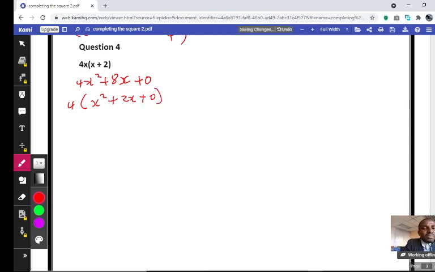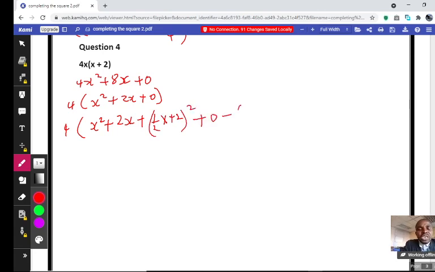Then on this one, you say 4, then x squared plus 2x. Right, on this one, you add half the coefficient of x, which is plus 2 in this case, squared. Then plus 0. On this one, you subtract half the coefficient of x, squared, like this.